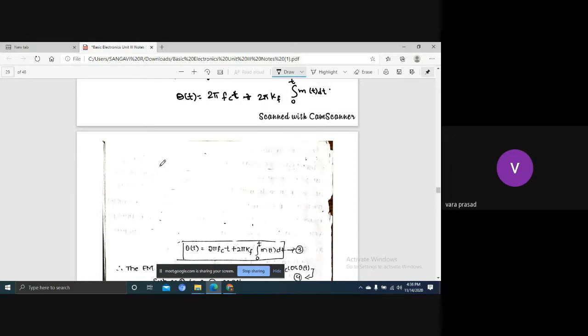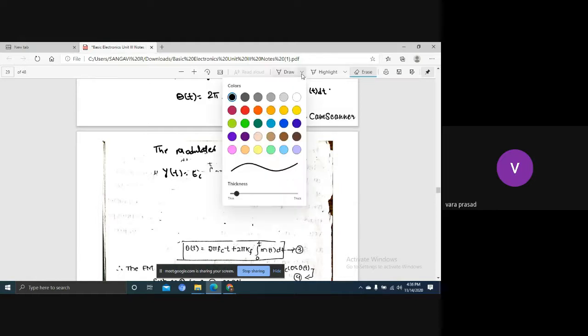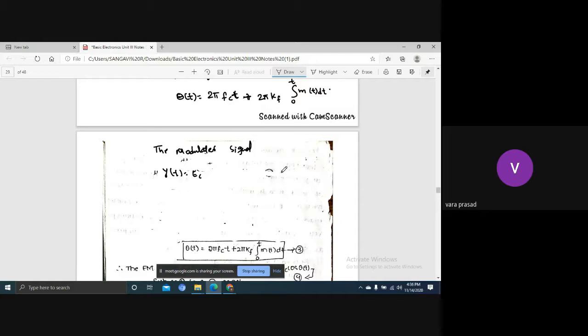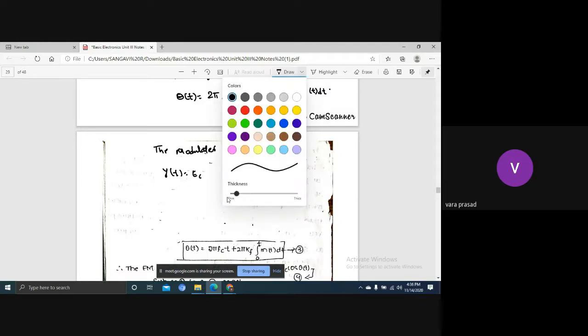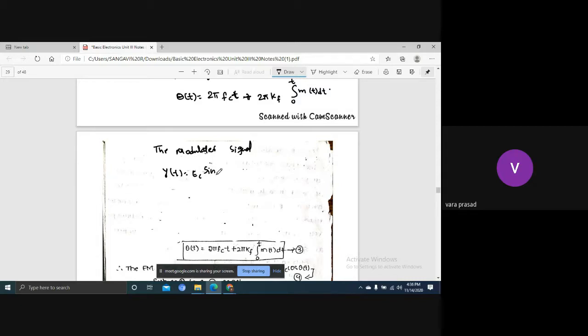Therefore the output signal, the modulated signal, y of t is equal to Ec into sine of 2 pi fc t plus 2 pi kf into the integration from 0 to t of m of t dt.